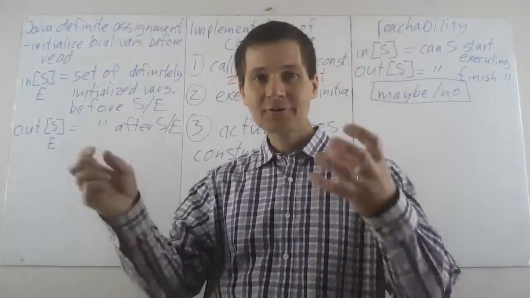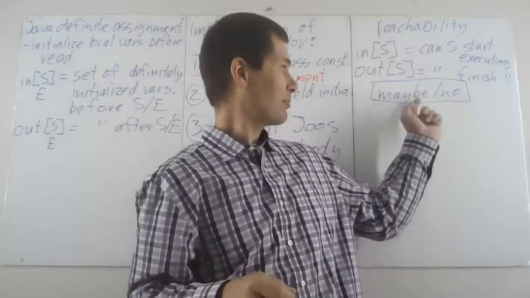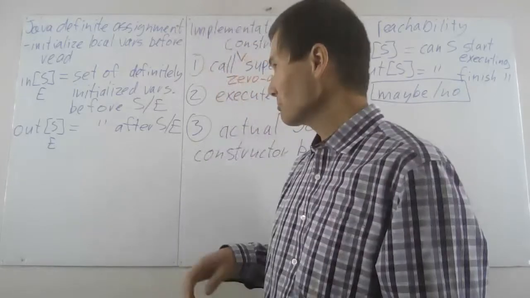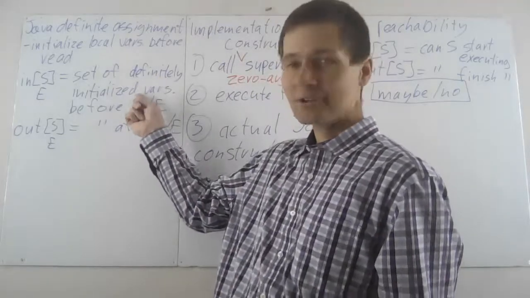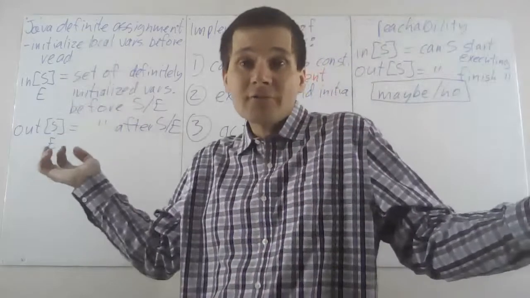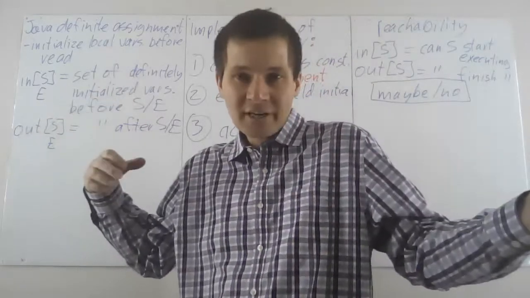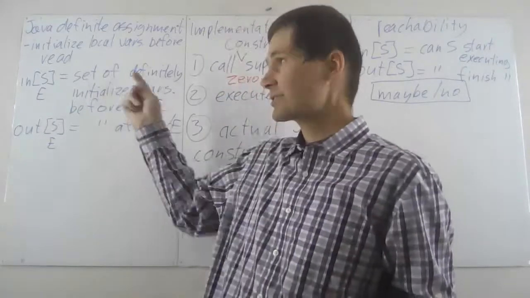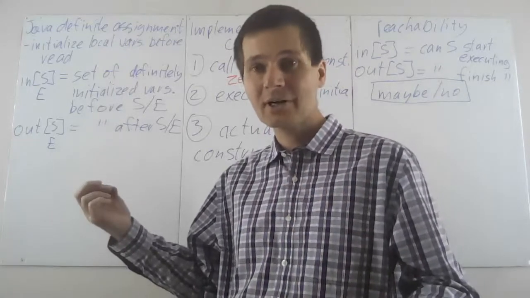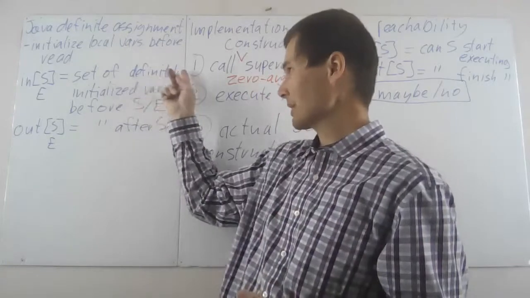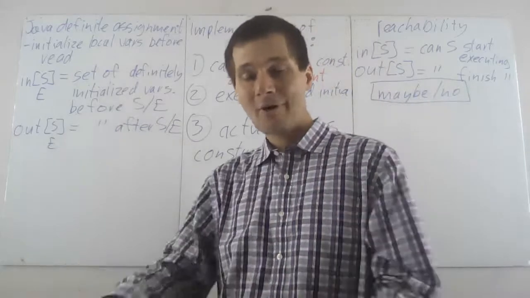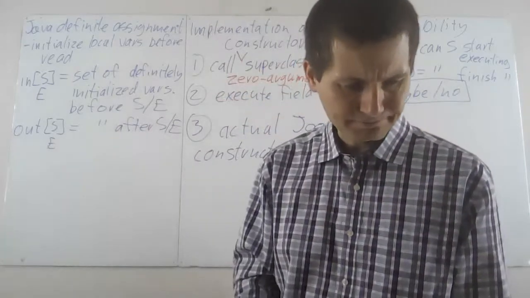And there is kind of a maybe no or maybe yes flavor to it, in that if I know for sure that a variable has been initialized, then I can put it in the set. And if I'm unsure, if I think, well, it's probably initialized, but maybe not, then I just leave it out of the set, and that's going to be a correct answer, a conservative answer, but it's not going to be untrue, right? If I leave out a variable that actually is initialized at runtime.